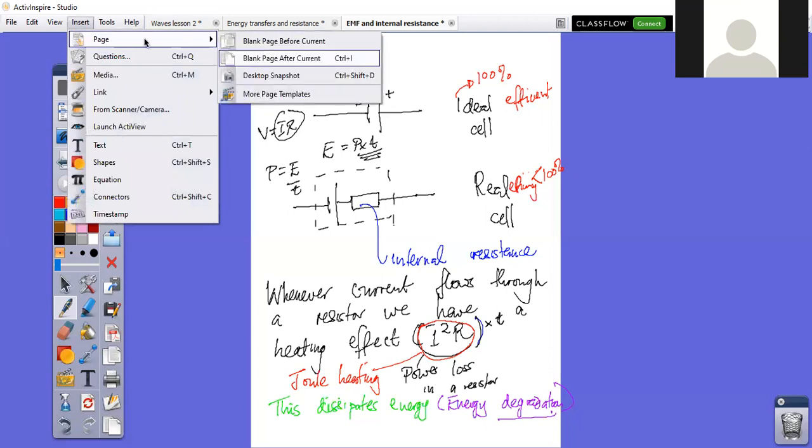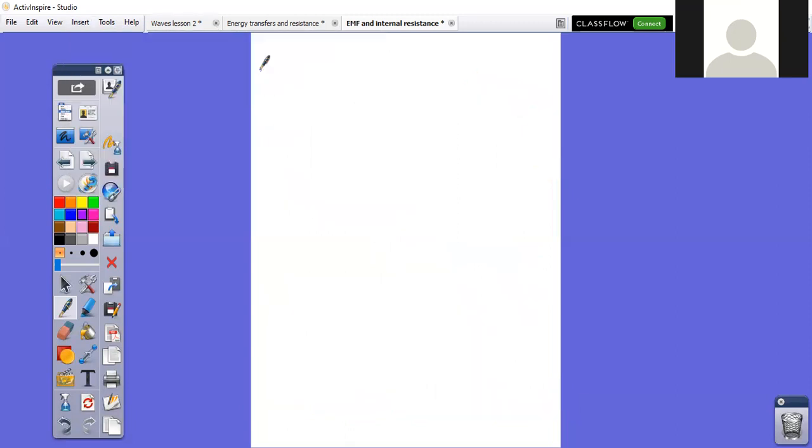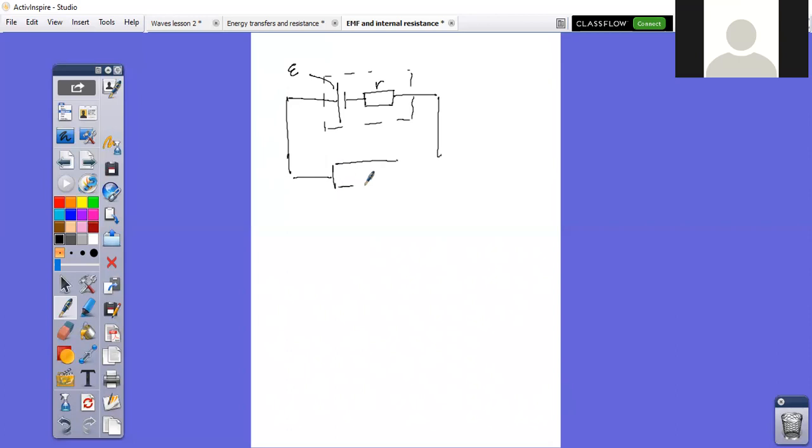So let's now look at how the whole thing fits together from an energy balance point of view. If I have a circuit like so, and I have my EMF denoted as E, and my internal resistance denoted by small r, and, for argument's sake, another resistor here, which is my load.